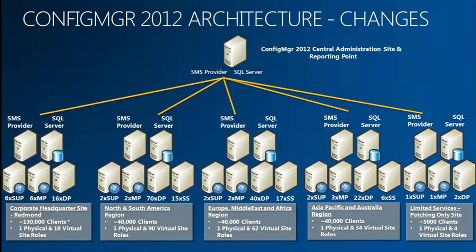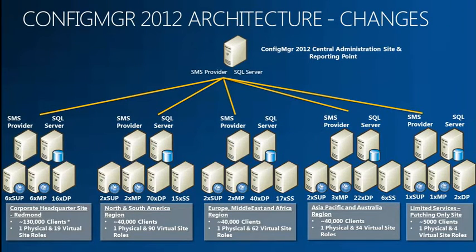We compared the SQL server processing of Configuration Manager 2007 with 2012 and found about a 40% reduction in processor usage. So we did not feel that we needed a dedicated remote SQL server. We are still continuing to monitor, but at this moment we feel very good about that decision that we don't need 2 servers for the CAS only. So we removed the remote SQL server, having the provider and SQL on the same server.